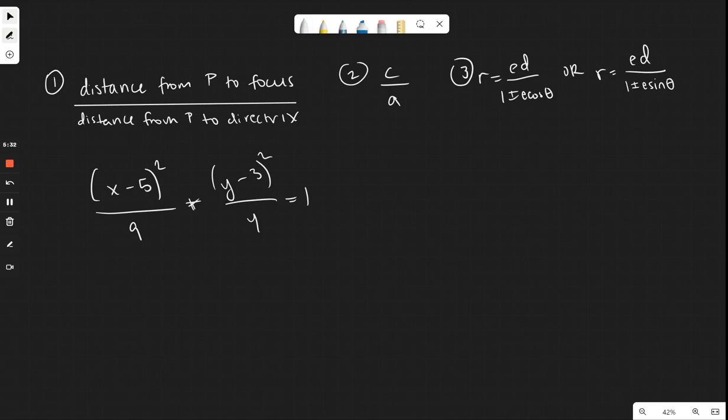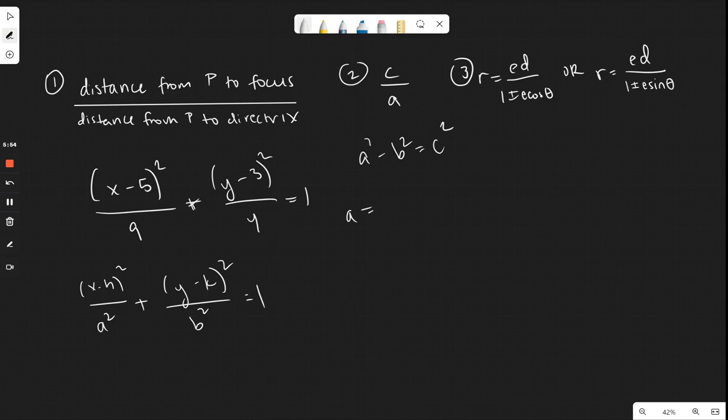Well, for an ellipse, a squared minus b squared is equal to c squared. And I hope you remember that since the standard form is (x minus h) squared over a squared plus (y minus k) squared over b squared, this is for a horizontal ellipse. a squared is 9, so a is 3. b squared is 4, so b is 2.